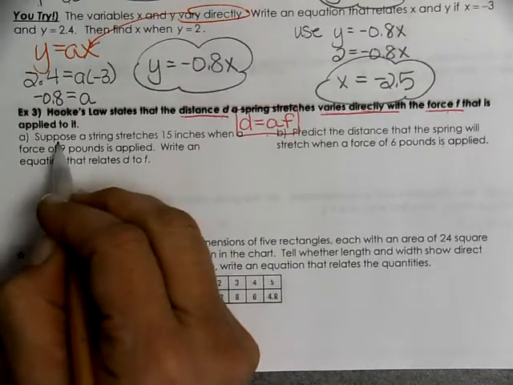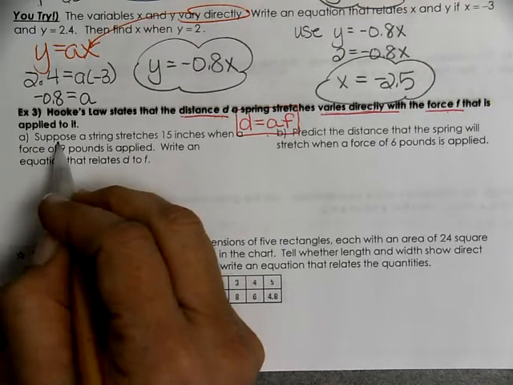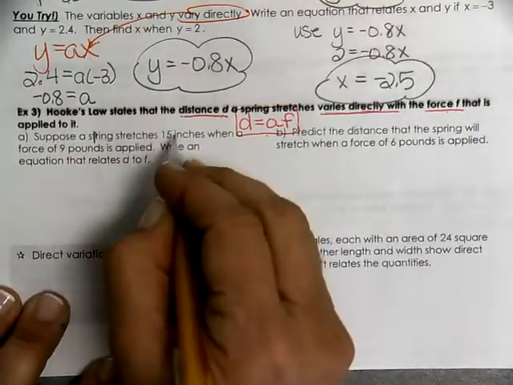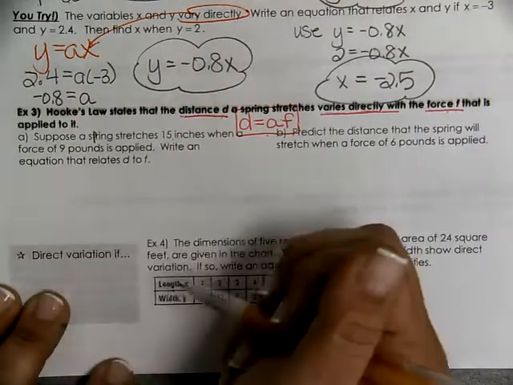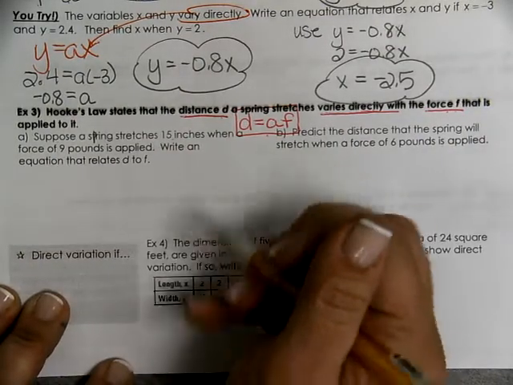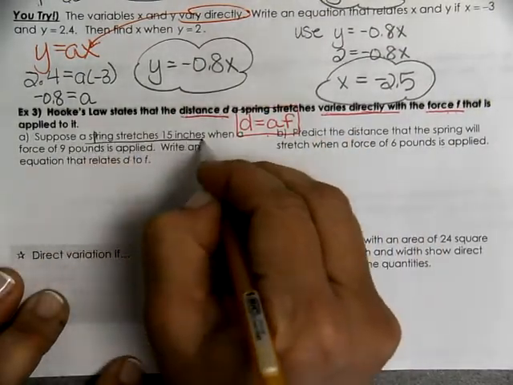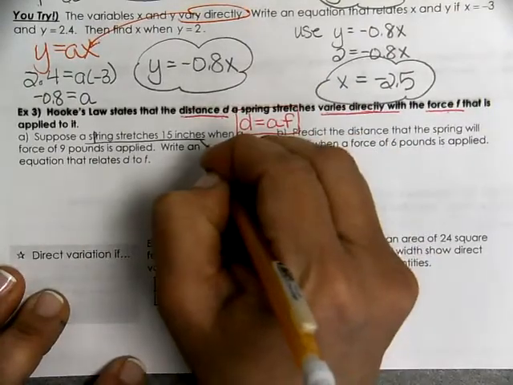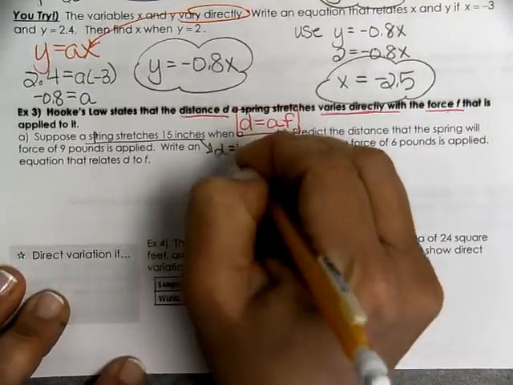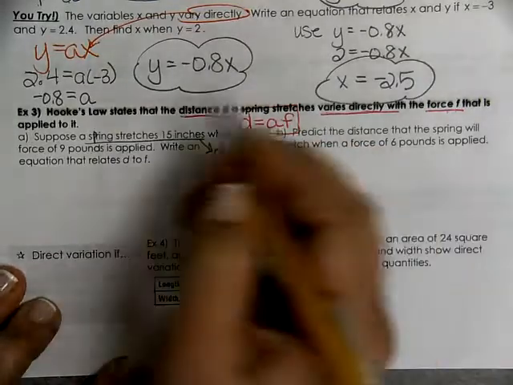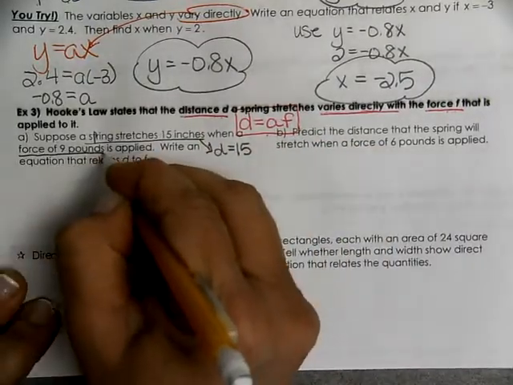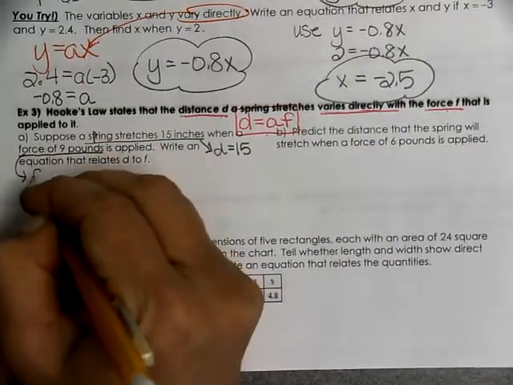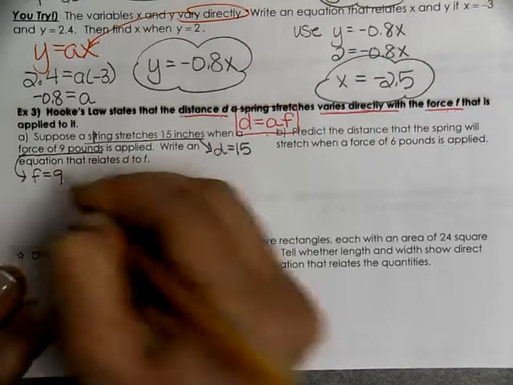Letter A. Suppose a spring stretches 15 inches when a force of 9 pounds is applied. So if the spring stretches 15 inches, that's the distance. So d is 15. The force of 9 pounds is telling us that F equals 9.